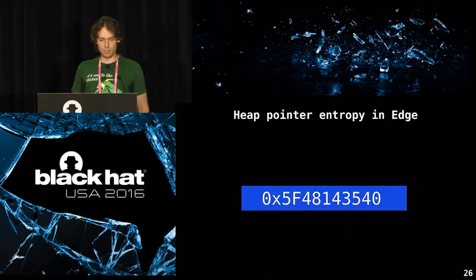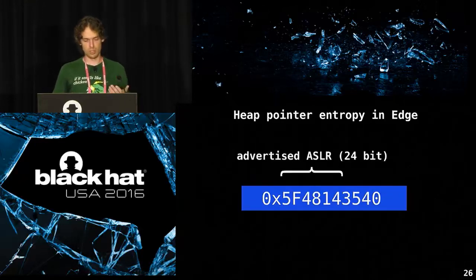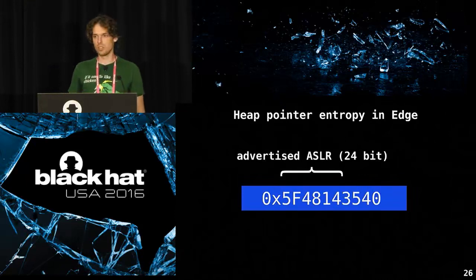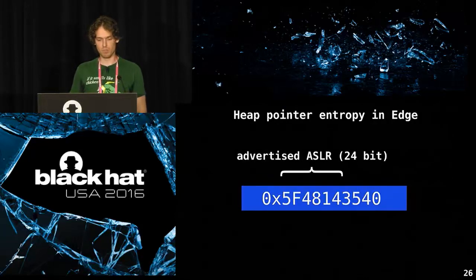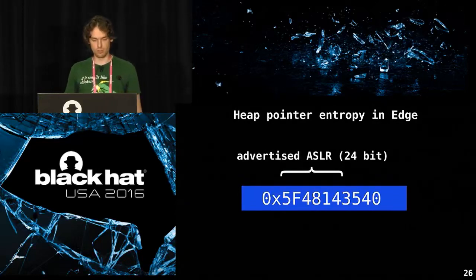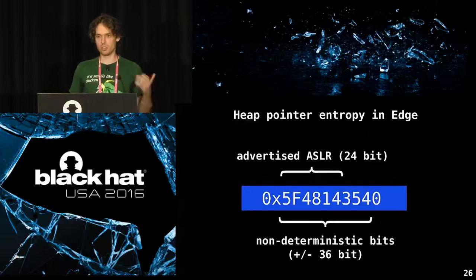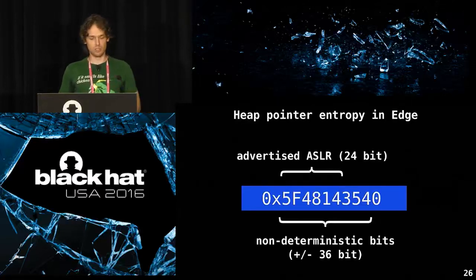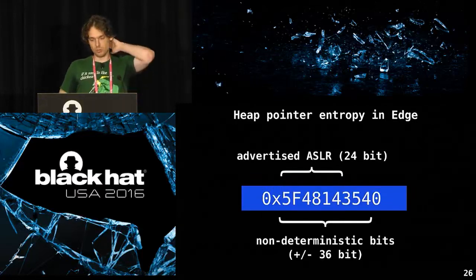It's also the entropy of a heap pointer is bigger than the code pointers. So the advertised ASLR is 24 bits, but in reality there is all kinds of non-determinism that increases the randomness to say 36 bits, maybe a bit less.